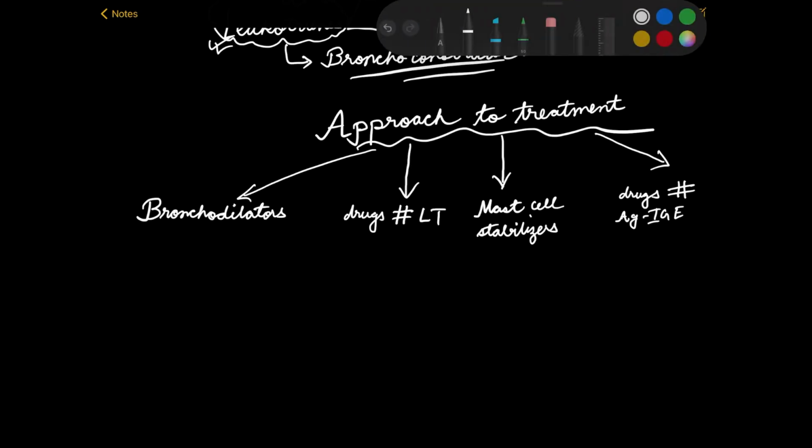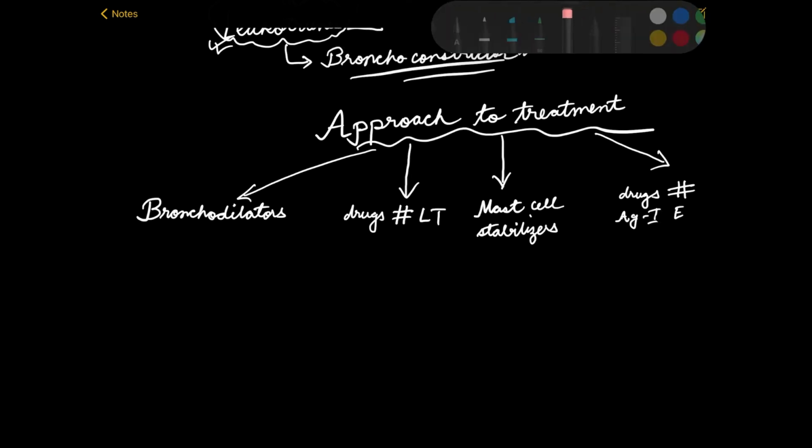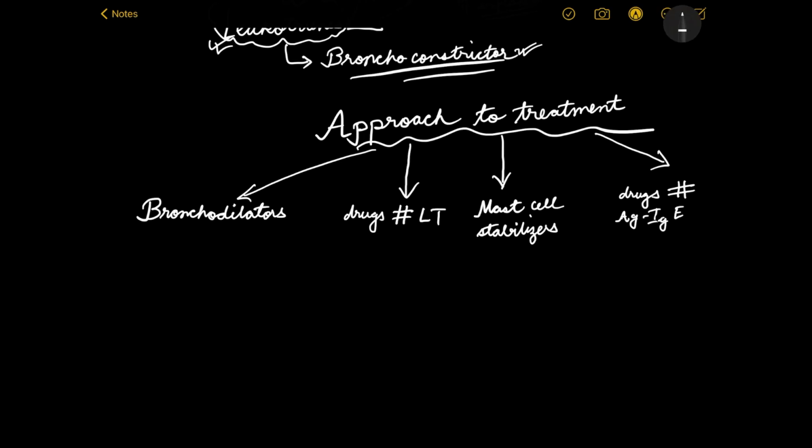Oh, this should be small, sorry about that. So these are the four major avenues of treatment for asthma. This is more or less the entire chapter, right, individually.